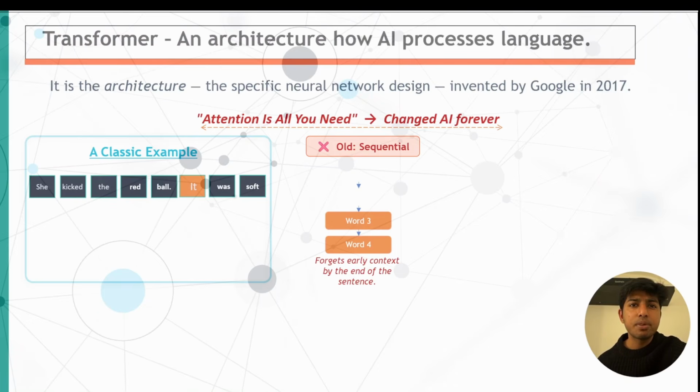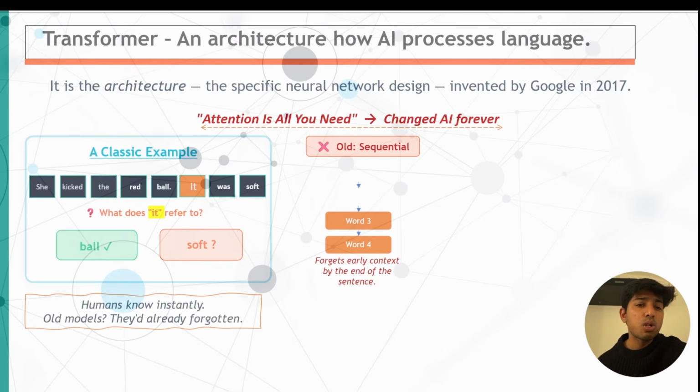If you look at this example, "She kicked the ball, it was soft." If I ask you what "it" refers to, as humans, we could easily guess. It refers to the ball, right? But the old AI models could not recognize it. They had forgotten by the time they reached "soft." So the transformer introduced something called the attention mechanism. Instead of processing the words one after the other, it processes them all at once, in parallel.